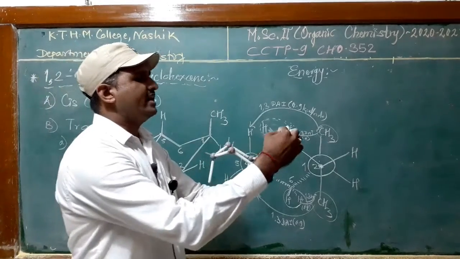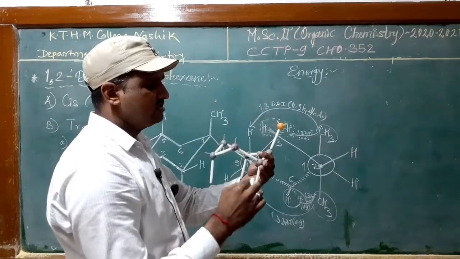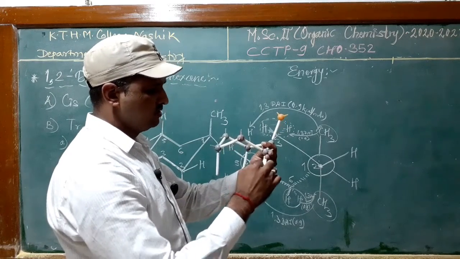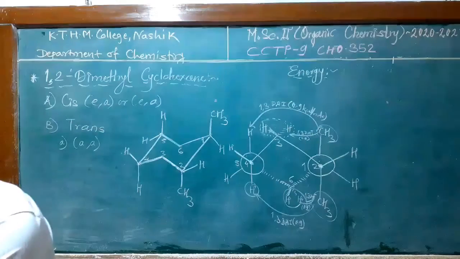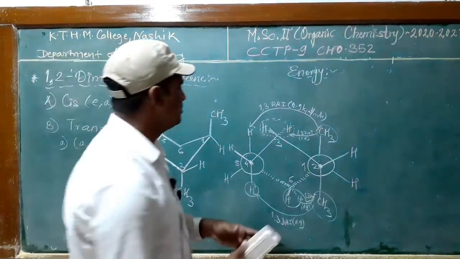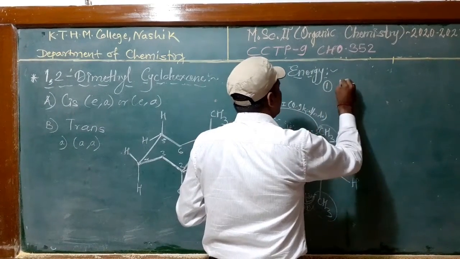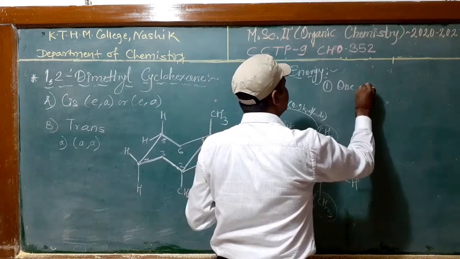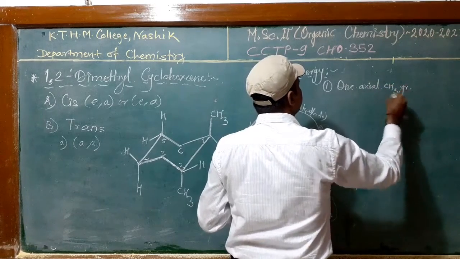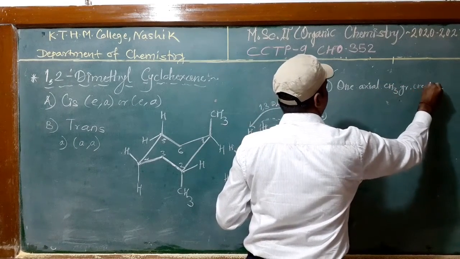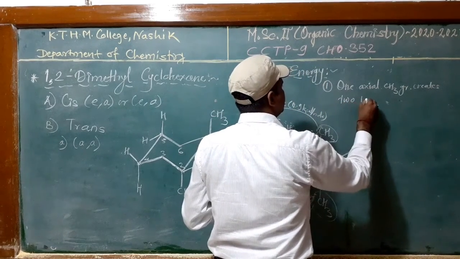Means the carbon number 1 axial CH3 creates two 1,3-diaxial interactions. Similarly, the carbon number 2 CH3 group also creates two 1,3-diaxial interactions. So net we found that four 1,3-diaxial interactions are observed. So one axial CH3 group creates two 1,3-diaxial interactions.